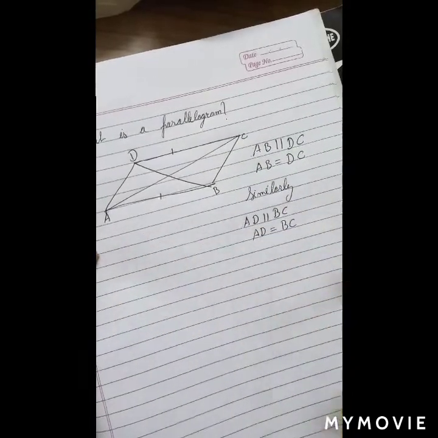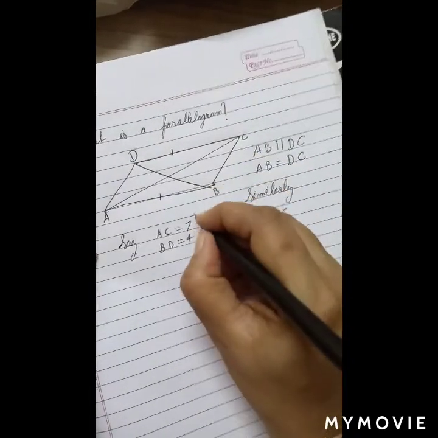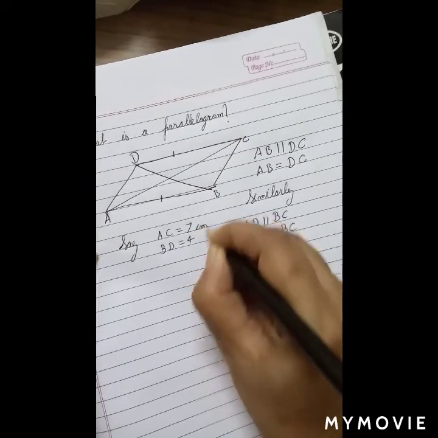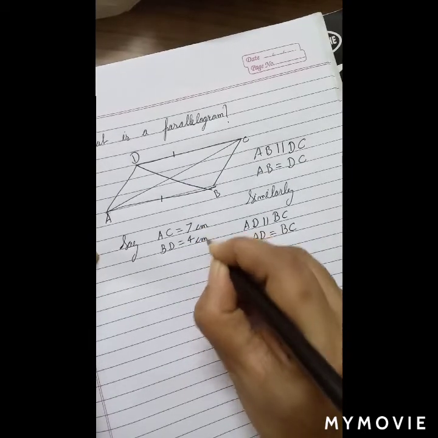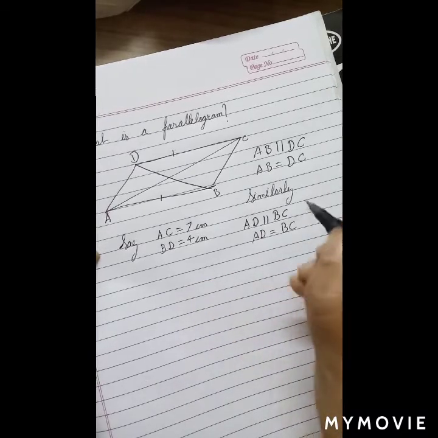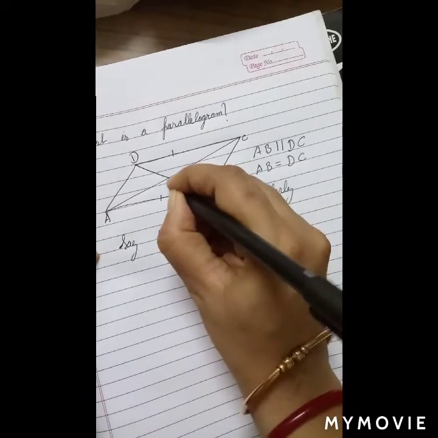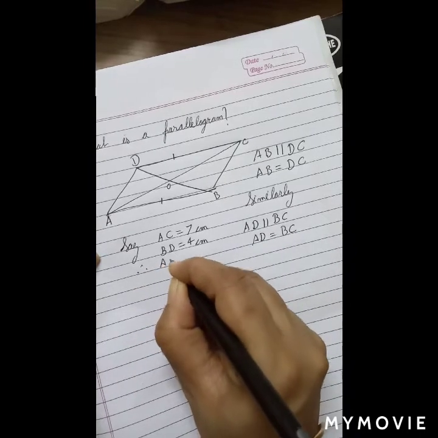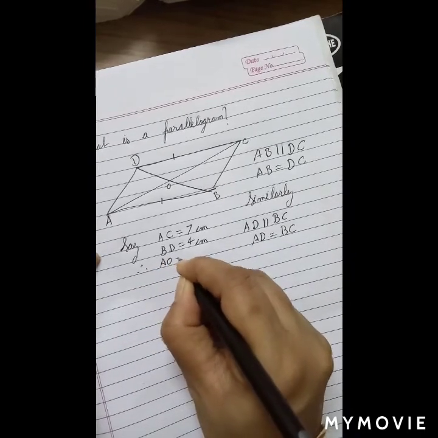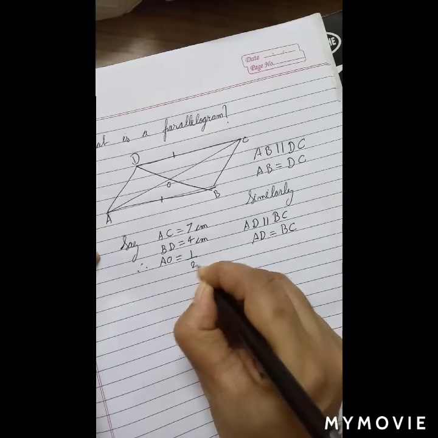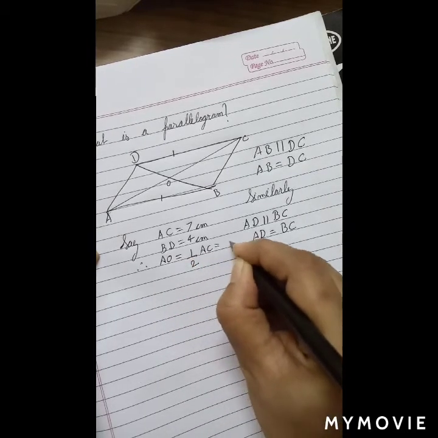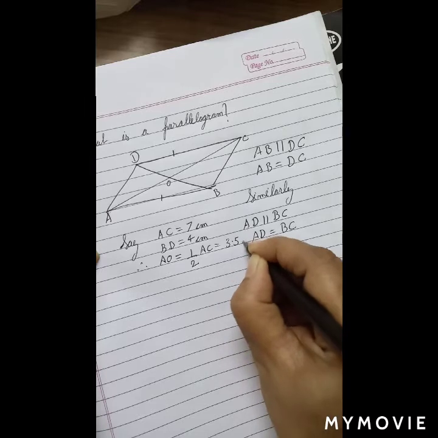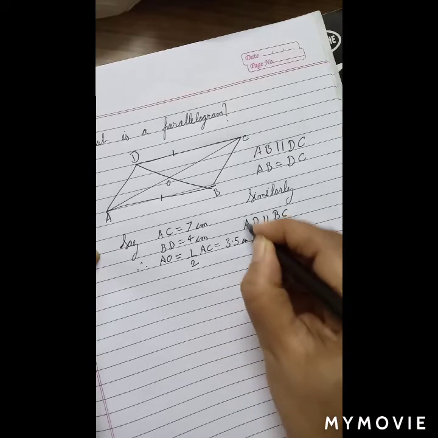That is, say AC equal to 7 centimeters and BD equal to 4 centimeters. And let's say they intersect each other at point O. Therefore, AO is going to be half of AC, that is 3.5 centimeters.